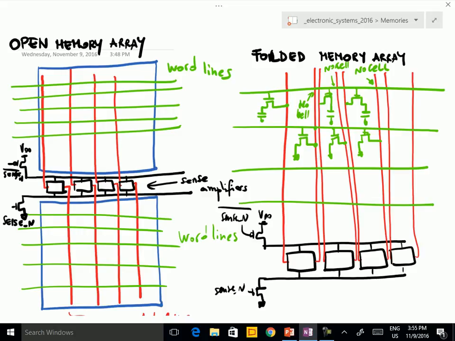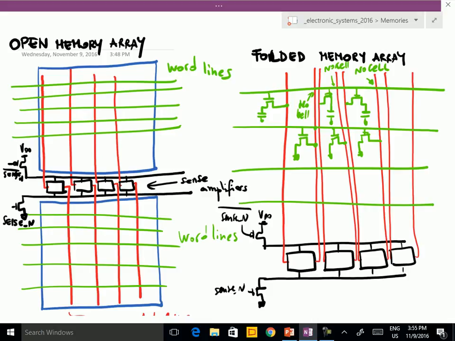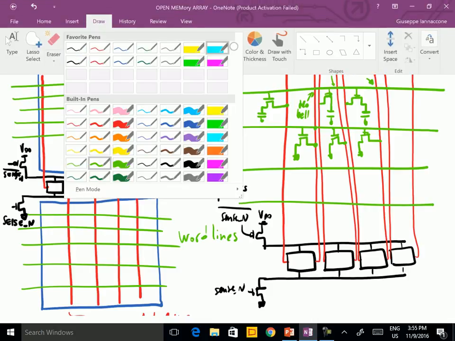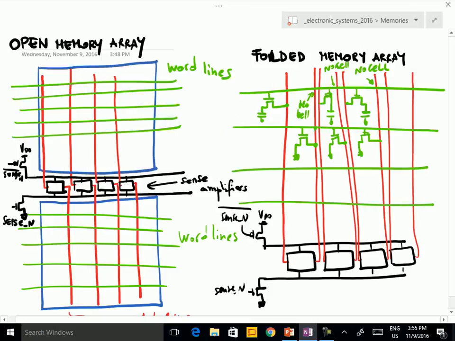So this is the difference. The main difference between the open memory array and the folded memory array is in terms of two aspects. Typically, the open one is denser.